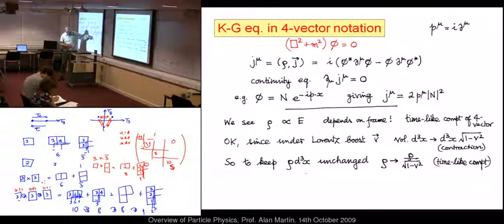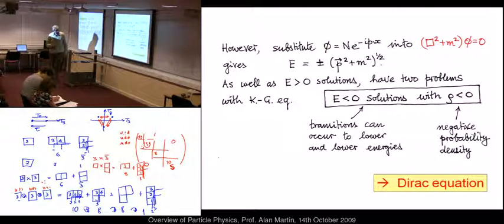This satisfies relativity. But the real problem is that when we substitute it in, it's not surprising we get back to this result, but the energy is now the square root of this, and the square root of this has a minus possibility. The plus possibility is all right. But now we've got a minus possibility. We've got negative energy solutions.